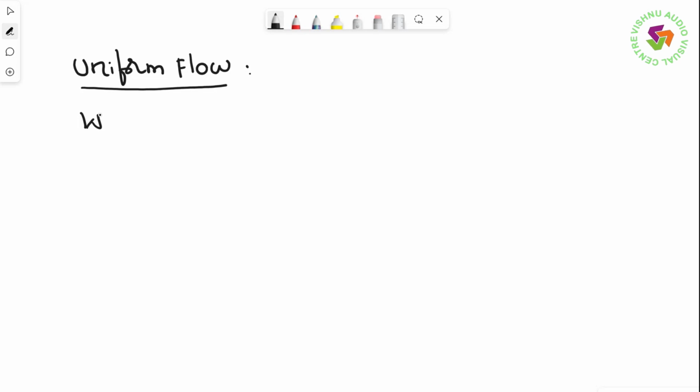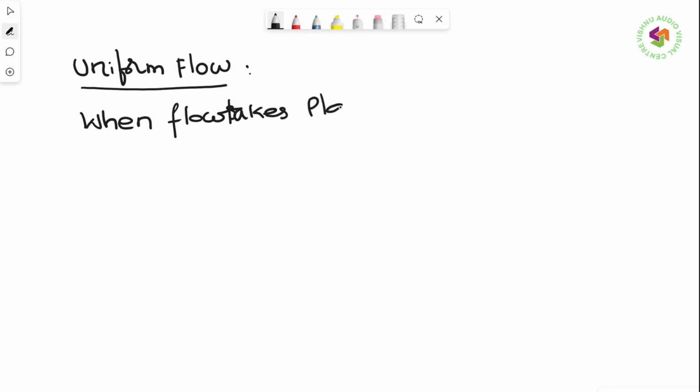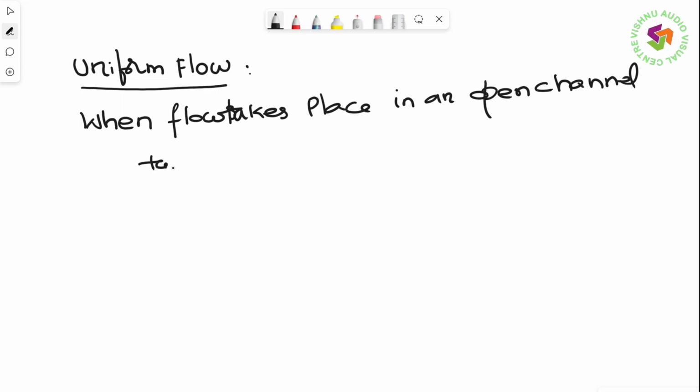When flow takes place in an open channel, two types of forces develop.